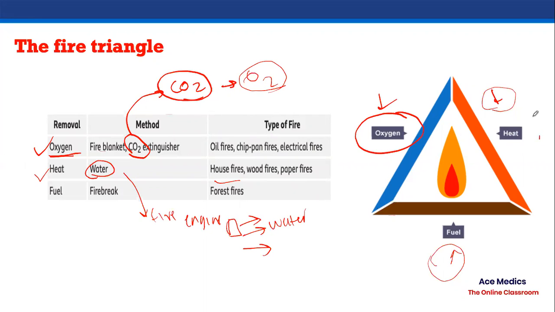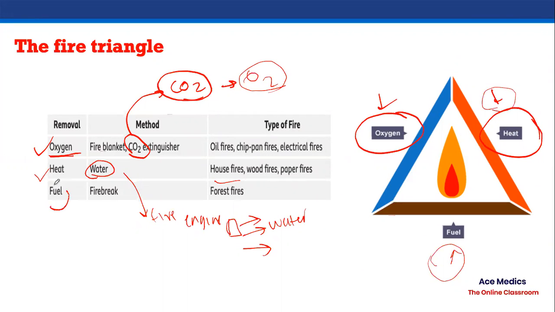And like I said, once you remove the heat, which is removing one aspect of the fire triangle, you can try and put the fire out by just putting water on it.